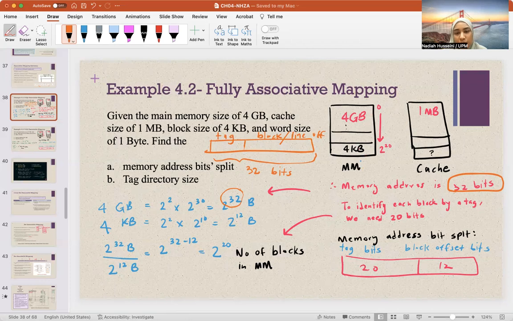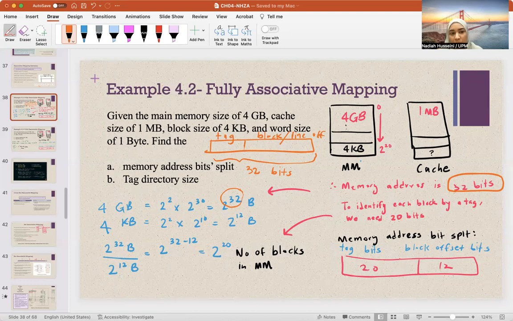If one block is 4 kilobyte, I would have 2 to the 20 number of blocks in my main memory, which goes from 0 up until 2 to the 20 blocks. And then to identify each block by a tag, we need at least 20 bits.